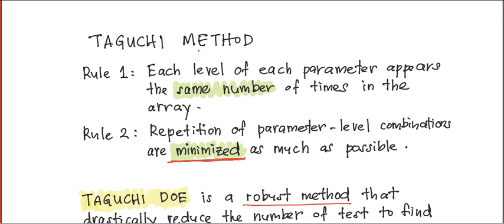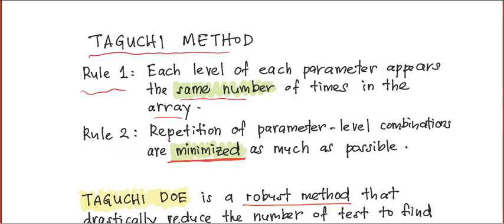But we also need to follow two important rules for developing a design of experiment based on the Taguchi method. First, rule number one: each level of each parameter appears the same number of times in the array.